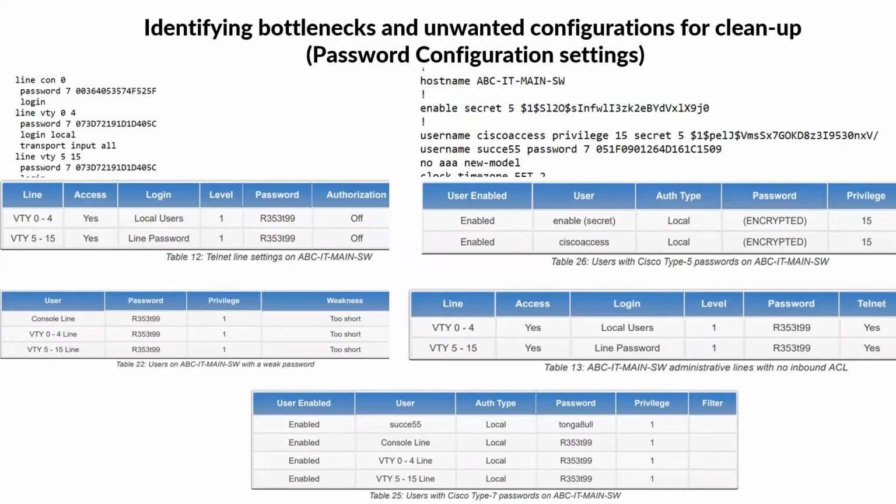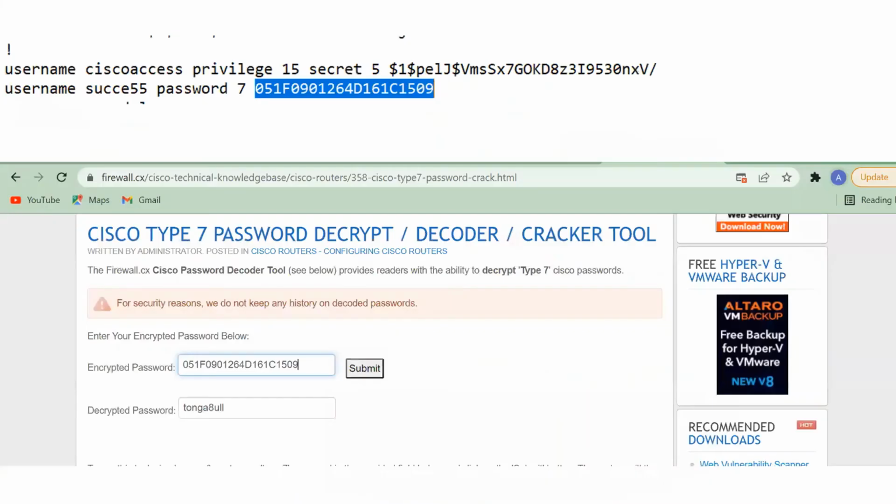So looking at the next slide, we mentioned password 7 earlier. Password 7 is a very weak encryption which can easily be broken, and it's even readily available online in the public domain. Once you have the password hash or the encrypted value, all you need is Google. Place it, and within 1-2 minutes, the password will be decrypted. The speed at which a password is decrypted is a function of the type of password encryption mechanism being deployed.